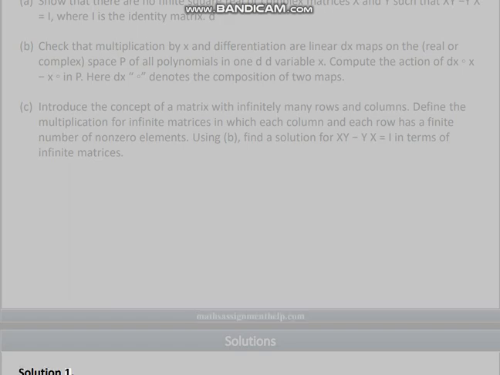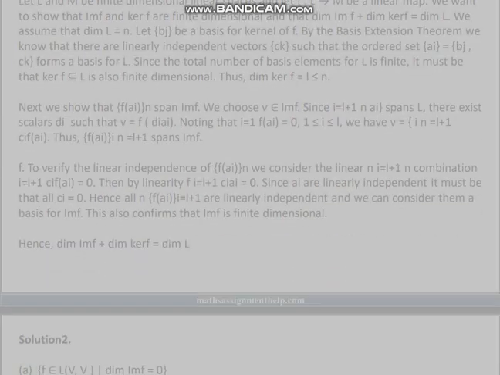Solution 1. Let L and M be finite-dimensional linear spaces and let F: L → M be a linear map. We want to show that Im F and Ker F are finite-dimensional and that dim Im F + dim Ker F = dim L. We assume that dim L = n.